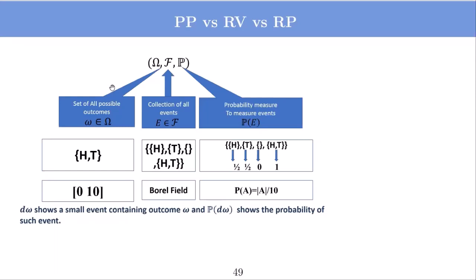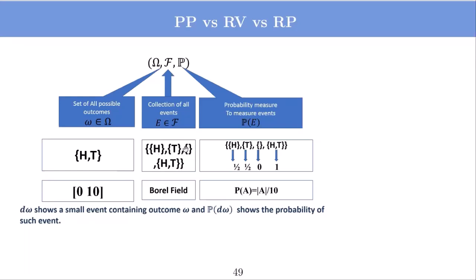What can be an example of this? One is a coin toss. You see two outcomes, H and T. The set of these two outcomes is my sample space. I would like to have a collection of all events, and these events are H, T, the singleton events, a null set, and the complete omega.